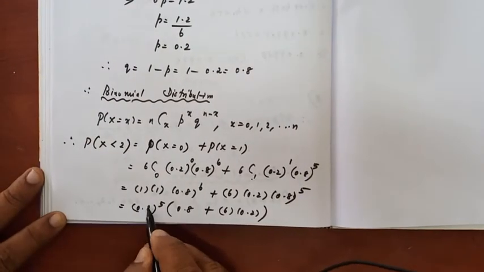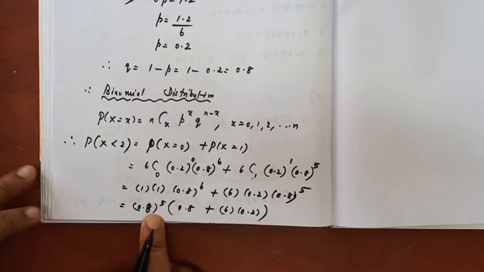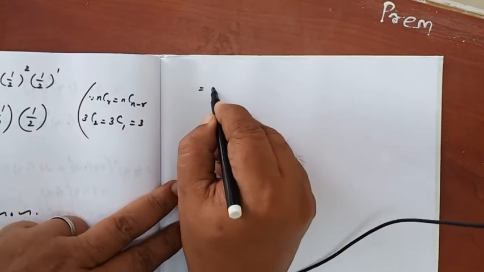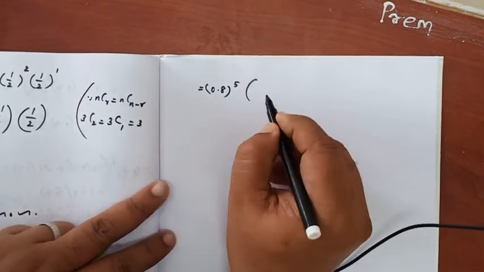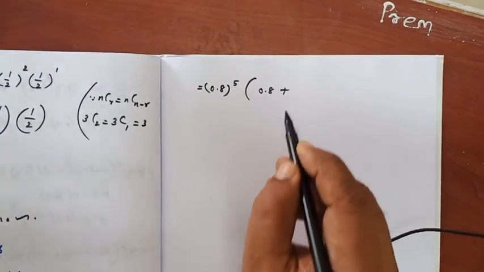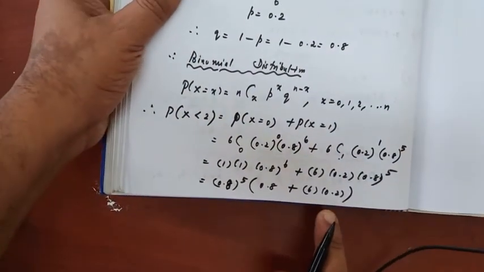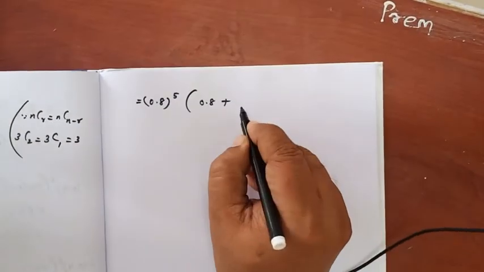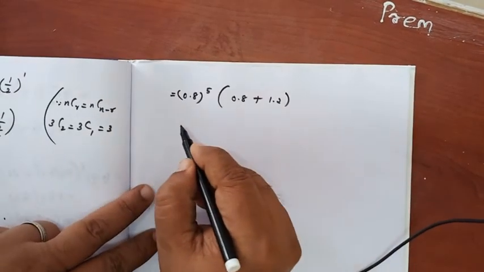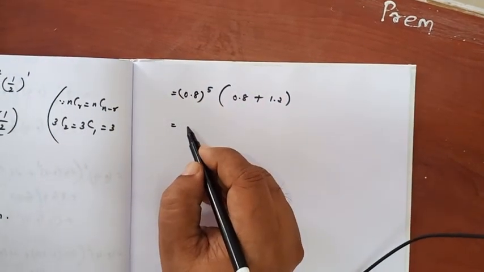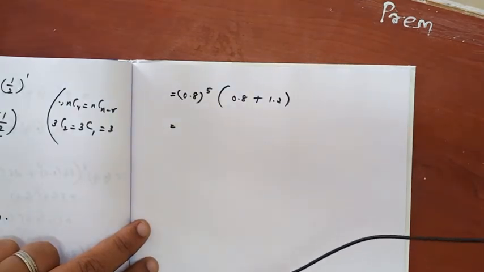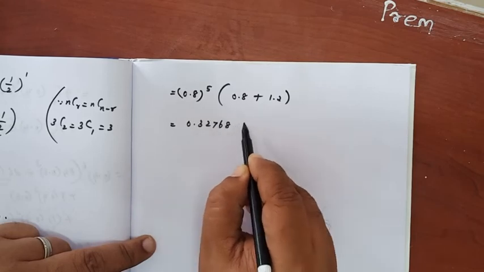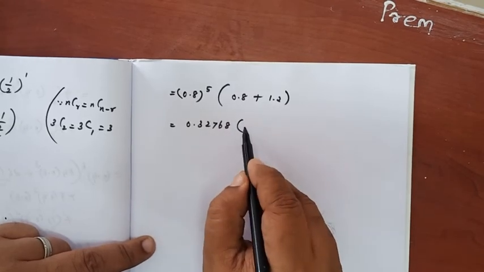This is 0.8. 0.8 power 5 write as it is, that is 0.8 power 5 into 0.8 plus 6 into 0.2, that is equal to 1.2. 0.8 power 5 is equal to 0.32768. 0.8 plus 1.2 is equal to 2.